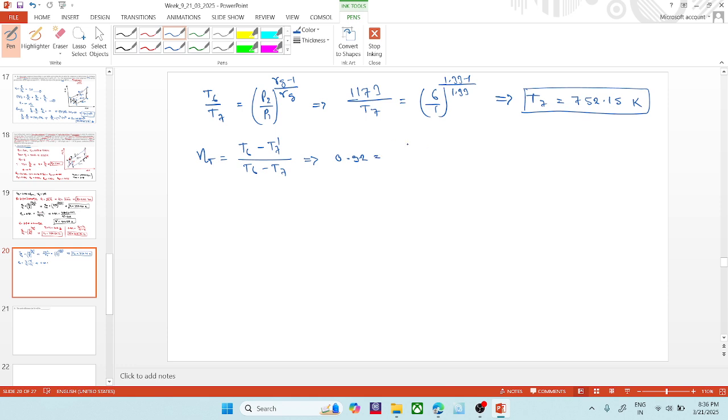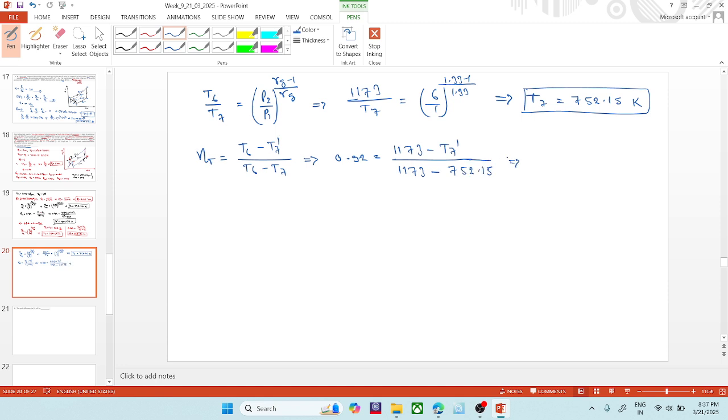So 0.92 is equal to T6 value, 1173, minus T7 dash, which I have to calculate, divided by T6 value 1173 minus T7 value I have just calculated, 752.15 Kelvin.